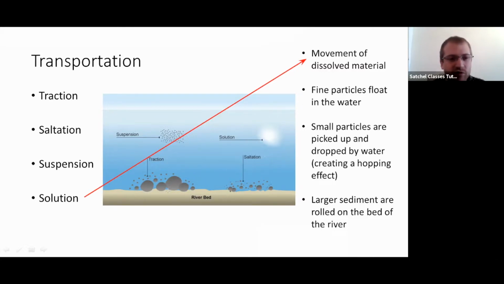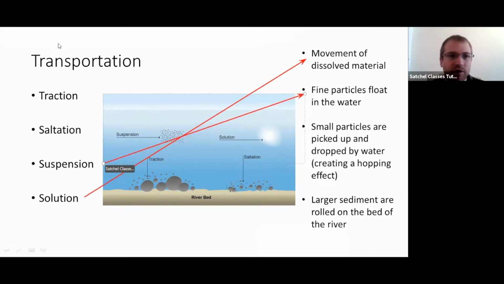Now suspension, moving upwards, we can see it's floating or hovering in the water, just like a car. Suspension holds that car, keeps it suspended in air, in essence. Suspension, this is where we get finer, lighter particles floating in the water.